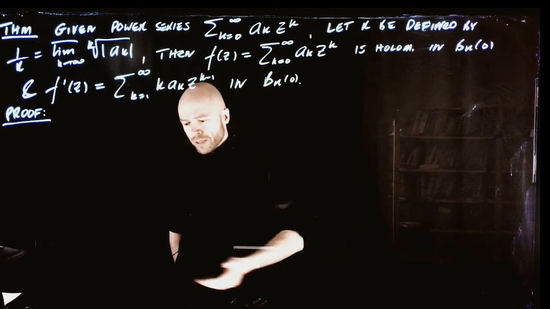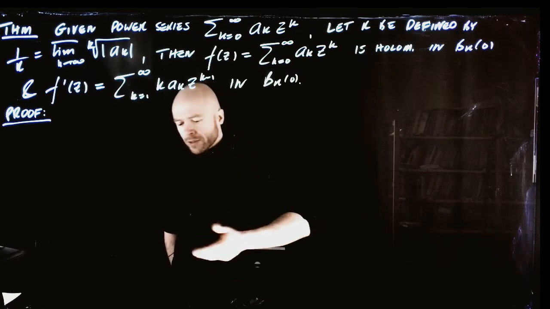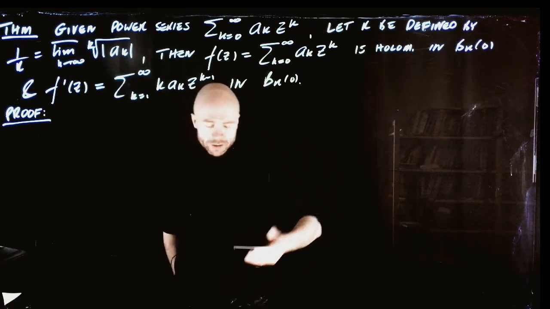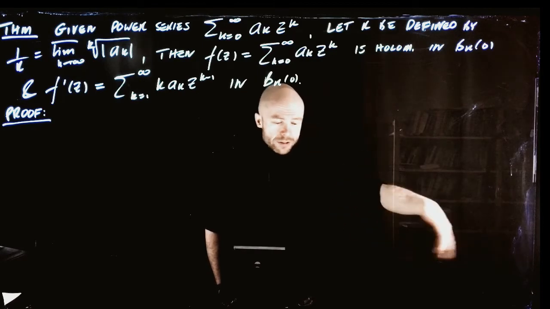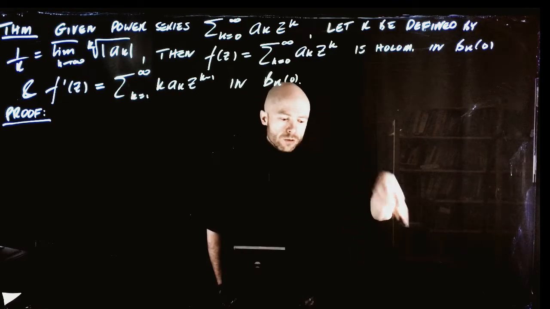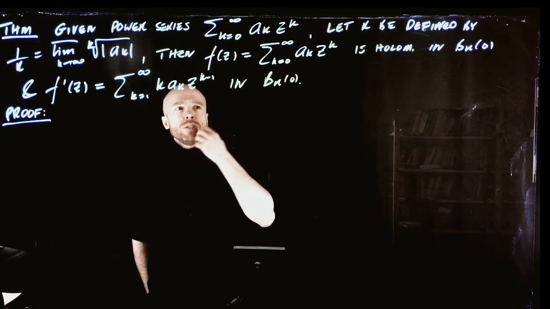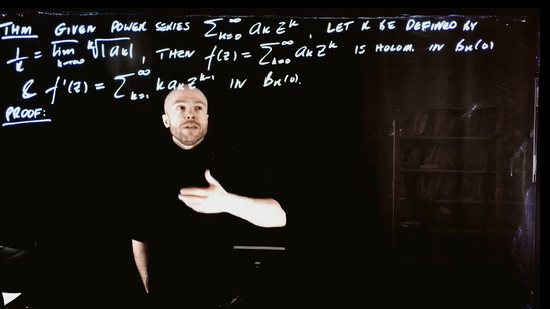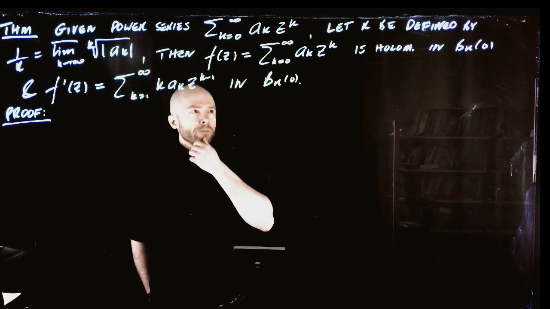So a big chunk of Calc 2, we learn all these complicated integration methods, the trig integrals, trig substitution, integration by parts, u-subs, a whole bunch of stuff. There's a toolbox of integration methods, and once you have a power series, integration is just easy. You can just integrate it term by term.